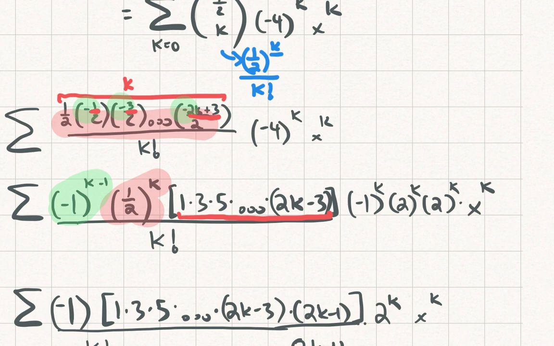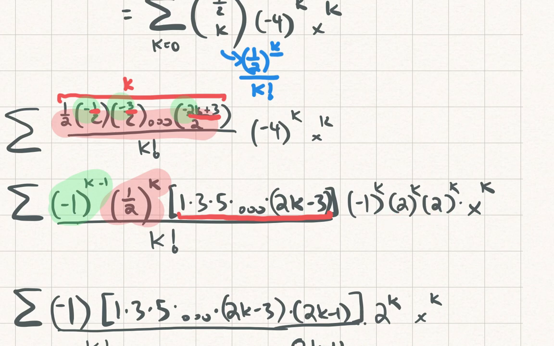And I'm thinking, well, I have this 2 to the negative k, or a half to the k. I want to cancel that off if I can. And I have 2 squared to the k with some negatives involved, but that's no big deal. So I'm going to split this up as negative 1 to the k, 2 to the k, 2 to the k, so that's my negative 4 to the k.